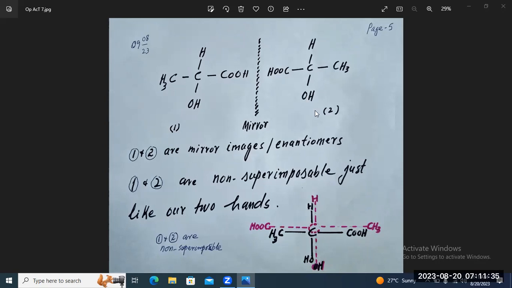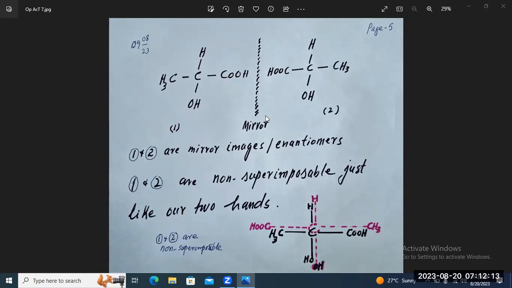Such a condition would always be present in optically active compounds. So 1 and 2 are also called enantiomers, and they are non-superimposable to each other, just like our hands, which are also non-superimposable to each other.